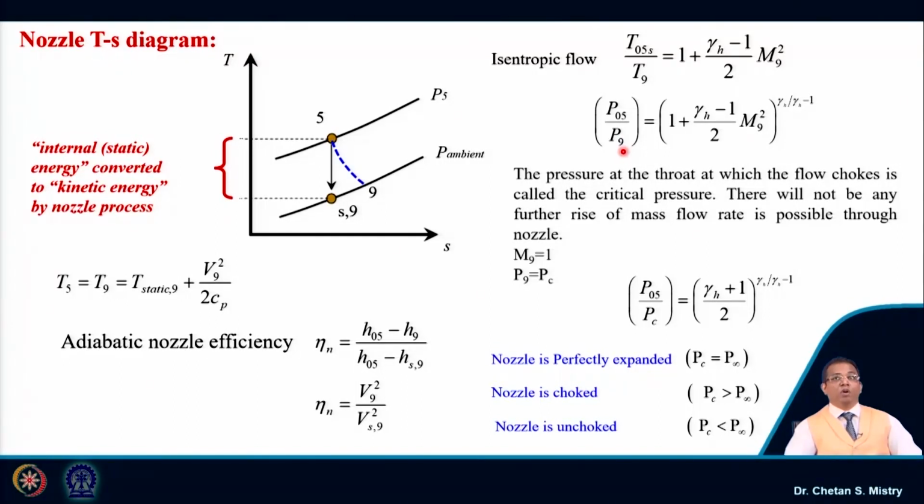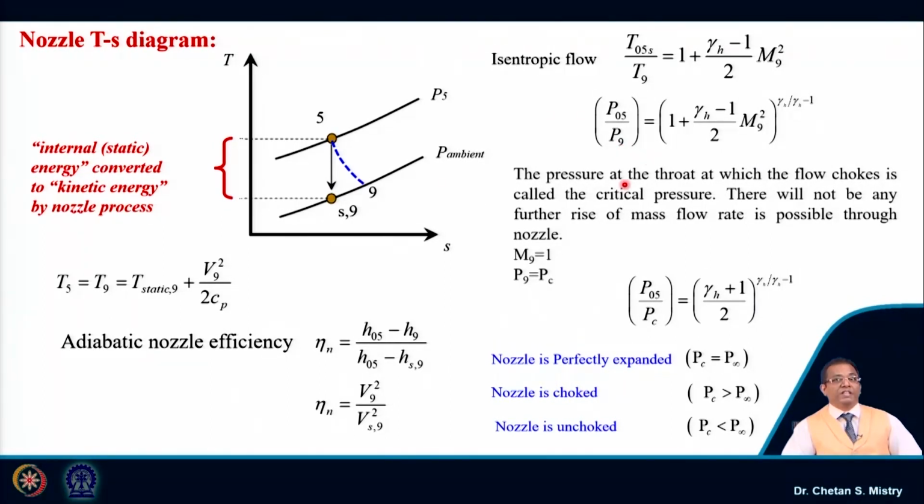Here we need to realize a very important criterion: the pressure at the throat at which my flow gets choked is defined as the critical pressure. That means there is no further rise of the mass flow rate possible through that nozzle.